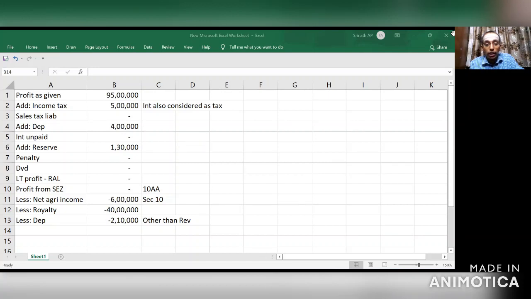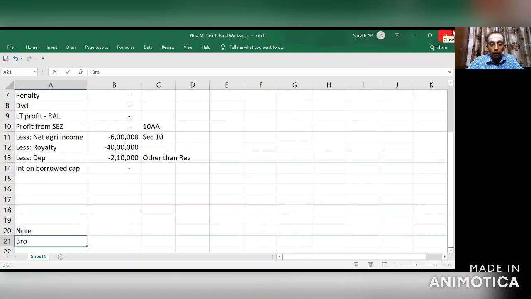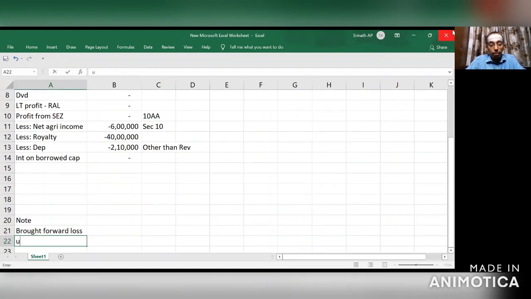Then interest on borrowed capital. It doesn't fall in the 15 buckets. Therefore, no adjustment. Then note: brought forward loss or unabsorbed depreciation, whichever is lower. So unabsorbed depreciation, the problem gives you 4,10,000. Brought forward loss, including the unabsorbed depreciation, is 4,70,000.